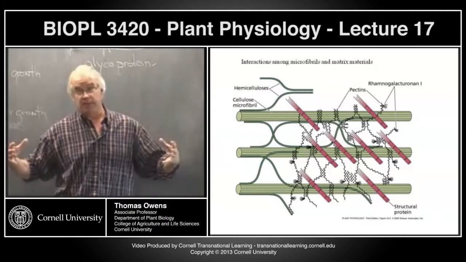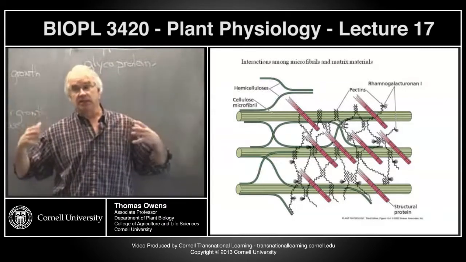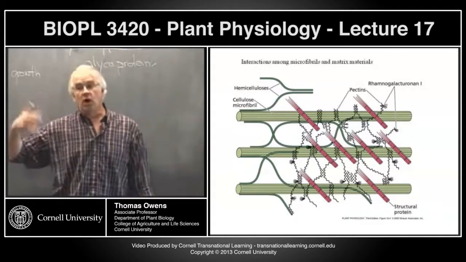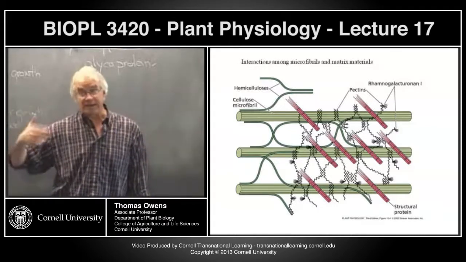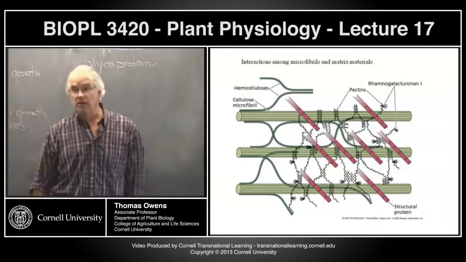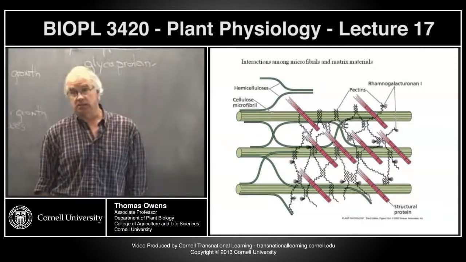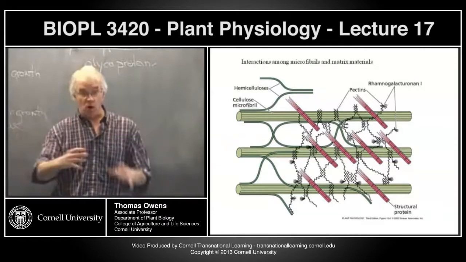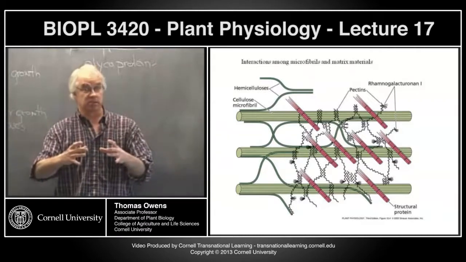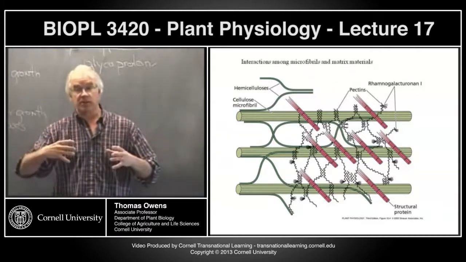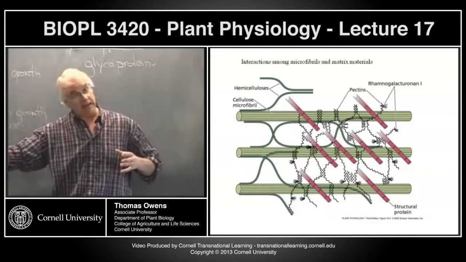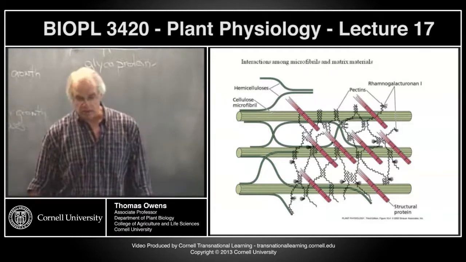That doesn't happen. When a cell is expanding, new wall materials are being added at a rate that keeps the cell wall relatively constant in its thickness. So the primary cell wall, as the cell expands, the components of the primary cell wall are being continuously added to keep the wall at a relatively constant thickness.